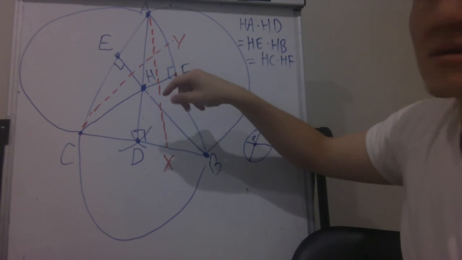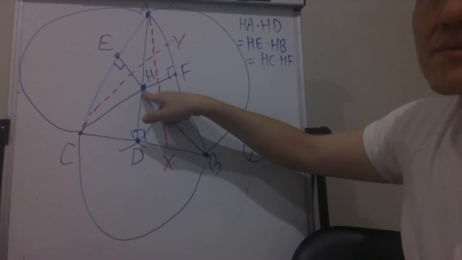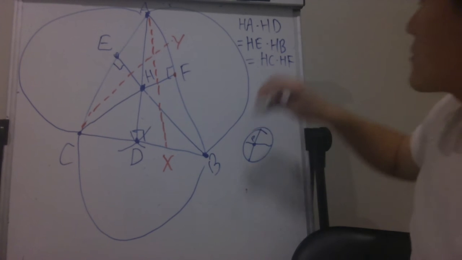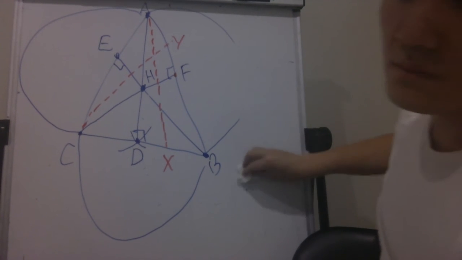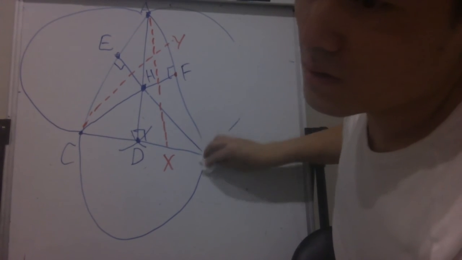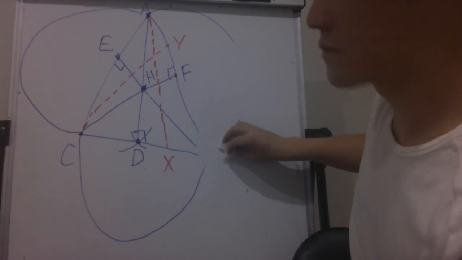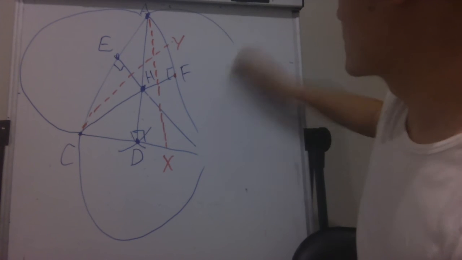They might not always be just one point. So let me just demonstrate this. When you created the lines AX and CY, oh, actually, yeah.